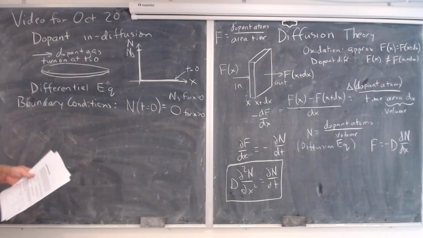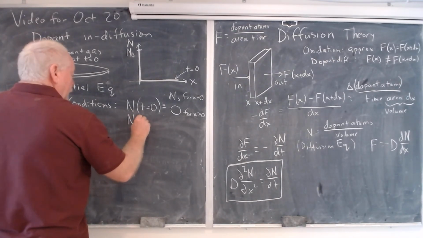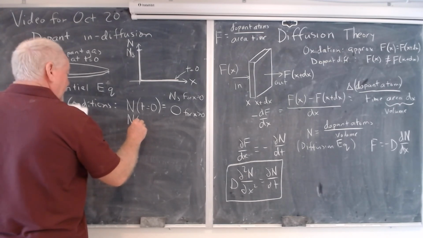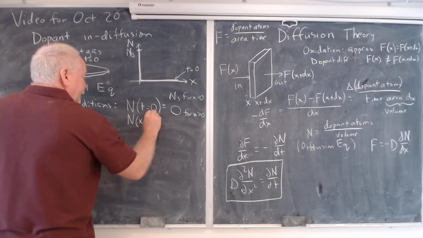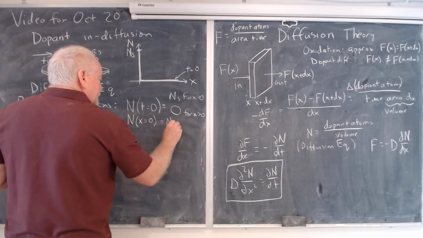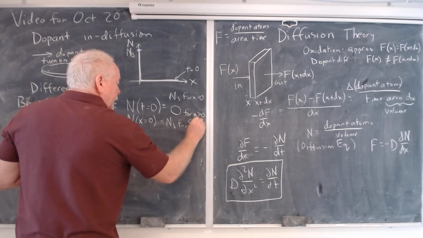All right, the next boundary condition is that for any t, N of x equals 0 is equal to N sub S for all t.